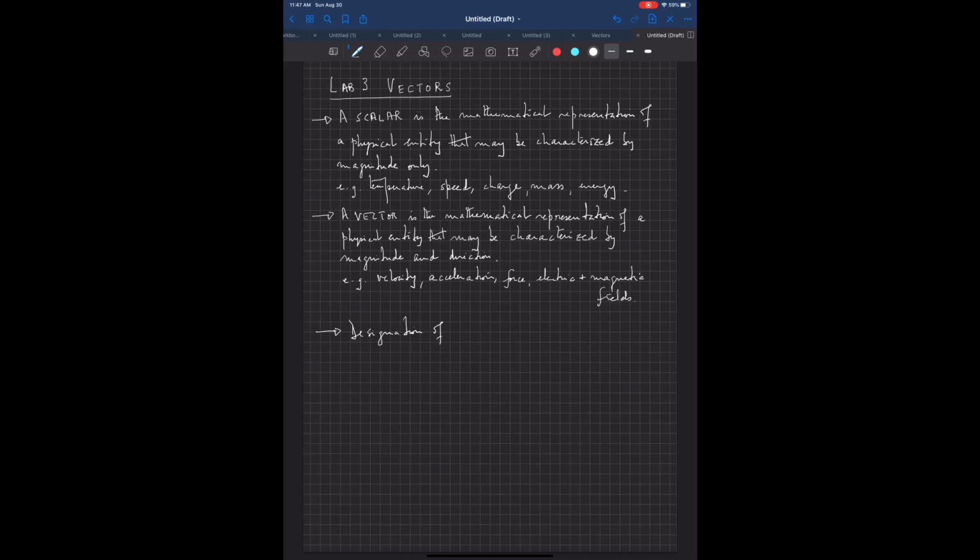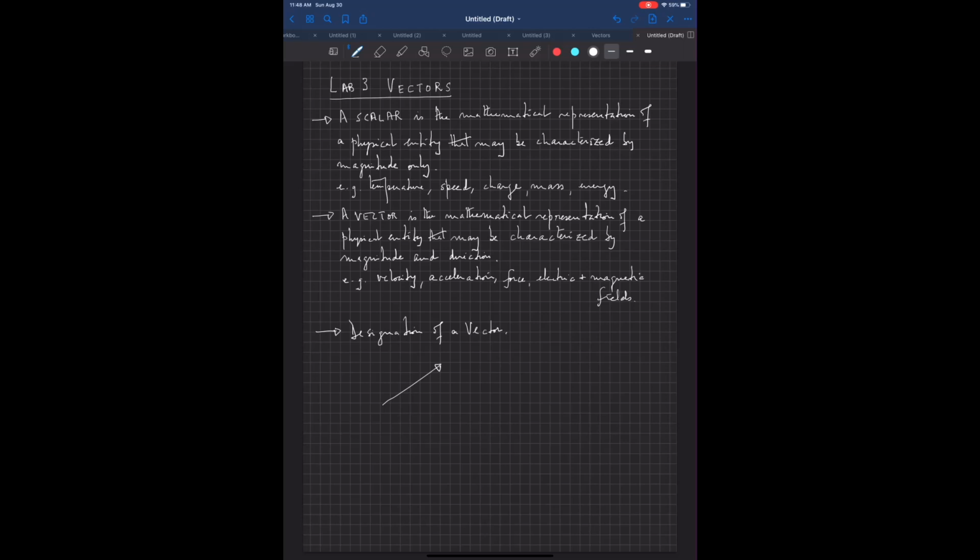So let's talk about the designation of a vector. All right. Now, a vector is depicted graphically by means of an arrow. So there's the arrow, and the length of the arrow indicates the magnitude of the vector.